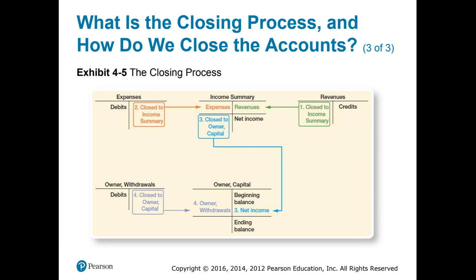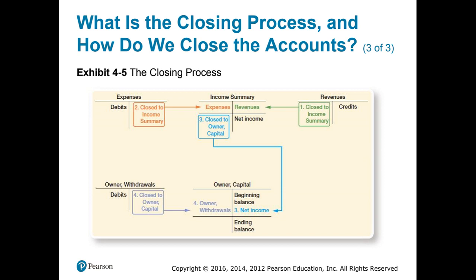We're going to close this to our owner's capital. So we're going to debit, bring it down to owner's capital, credit owner withdrawals. We're going to clear out this account as well. So whatever amount of debits are in owner withdrawals, we're going to credit for that same amount to zero this account out.